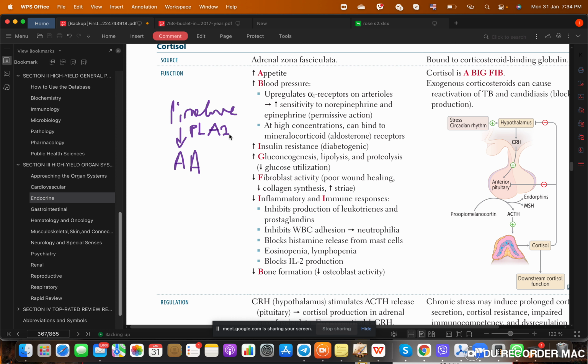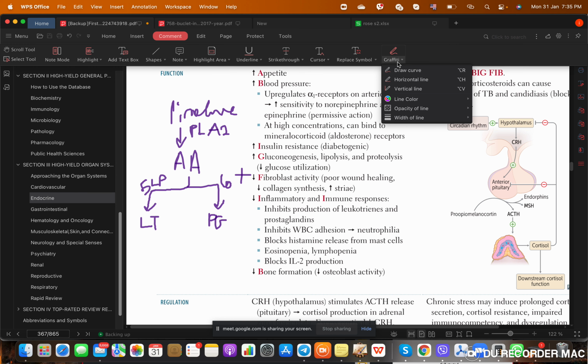Phospholipase A2. So we have arachidonic acid. Arachidonic acid can be converted into leukotrienes with the help of 5-lipoxygenase, and arachidonic acid can also be converted into prostaglandins with the help of cyclooxygenase. Okay, so where does cortisol work?